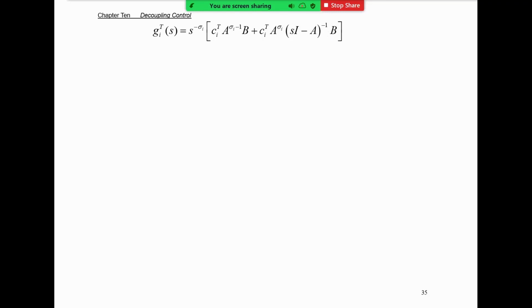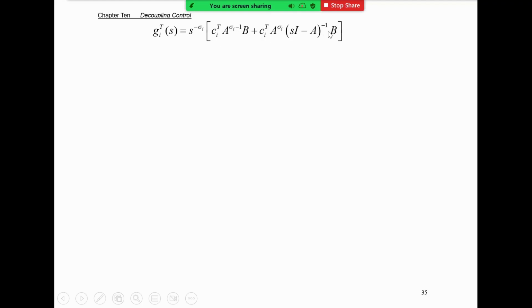Okay. Of course, at this moment, you still don't know why we are doing this. Eventually, you are going to know. But at this moment, let's be very clear. With the help of the relative degree, we have the leading coefficient for the first term, which is the non-zero term. This is the leading term of this polynomial, and then there are some other terms.